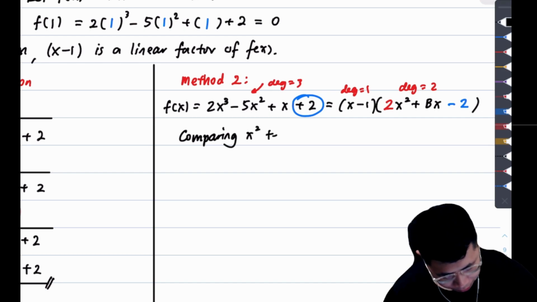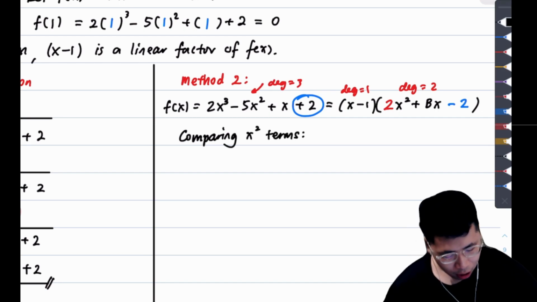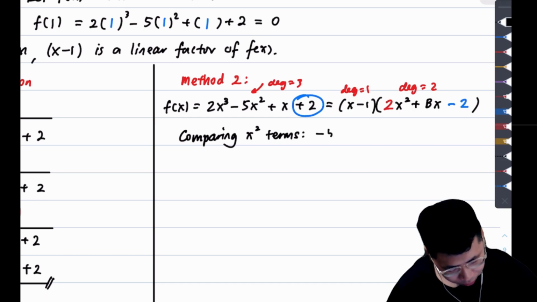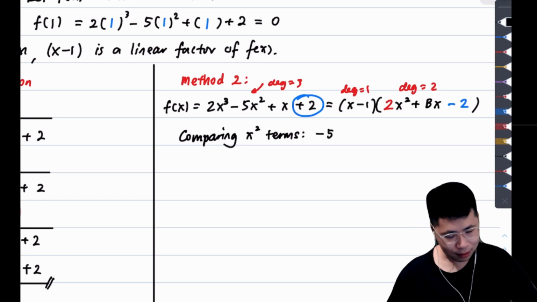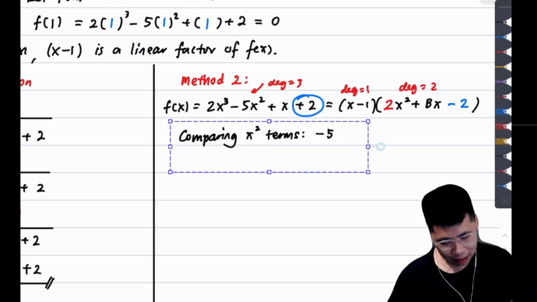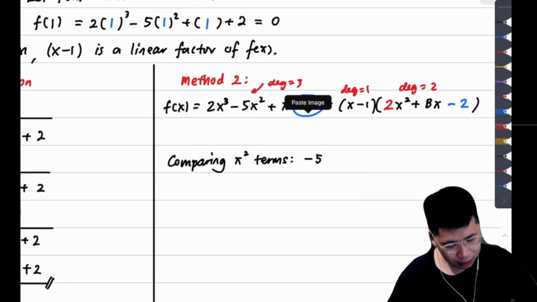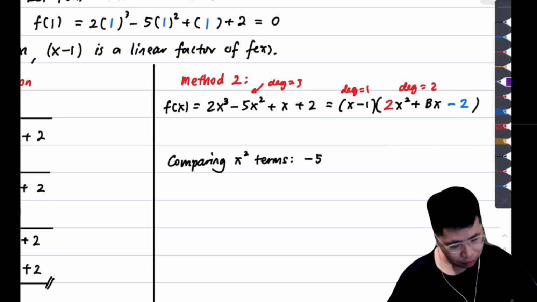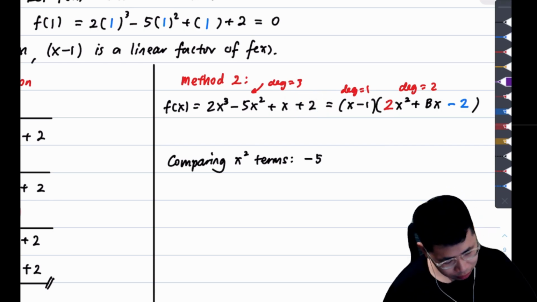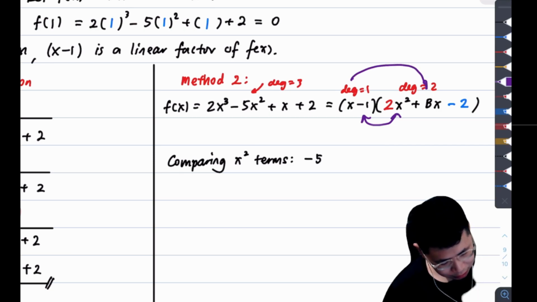So comparing x squared terms, on the left hand side, I will have a -5. On the right hand side, I need to observe that my x squared term is going to come from this pair over here and this pair right here.